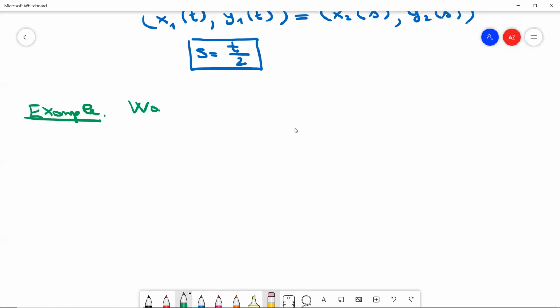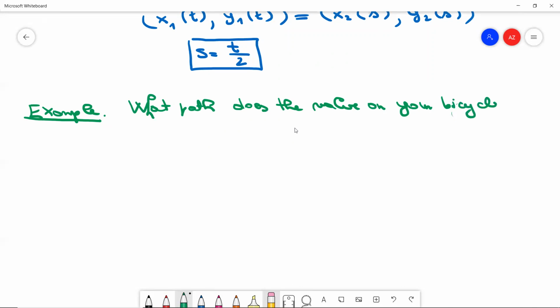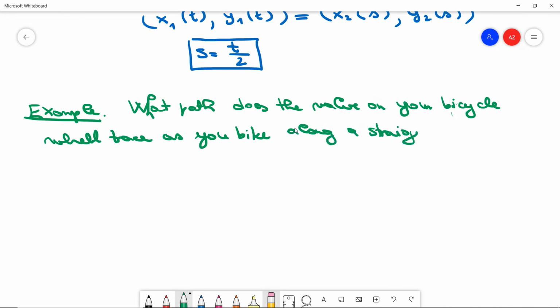So the question is, what path does the valve on your bicycle wheel trace as you bike along a straight road with constant speed? And let's say it's constant speed.